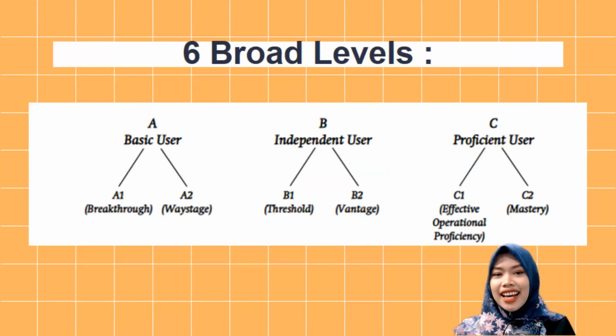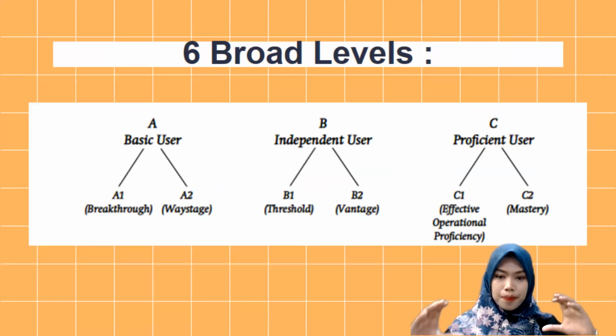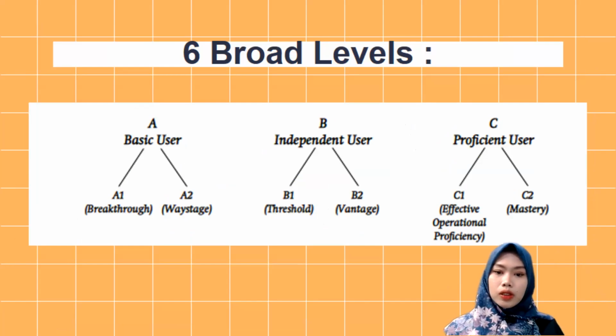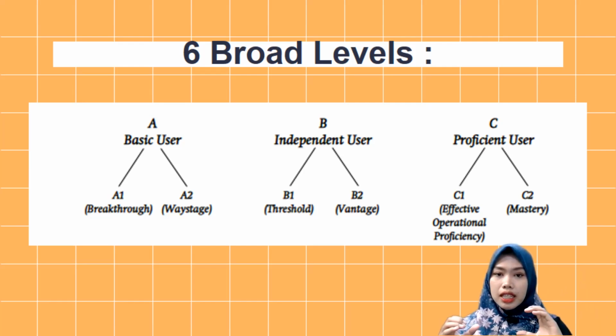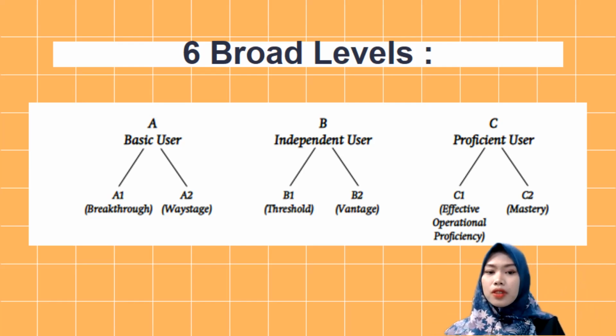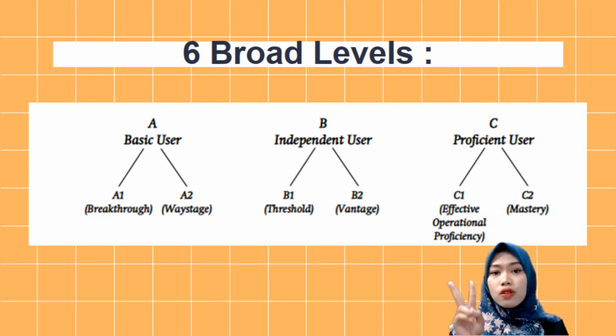Okay, this is the table picture. A, B, C, 6 levels, from A, basic user, B, independent user, and C, proficient user. A, or basic user, is divided into two: A1 and A2, breakthrough and waystage.